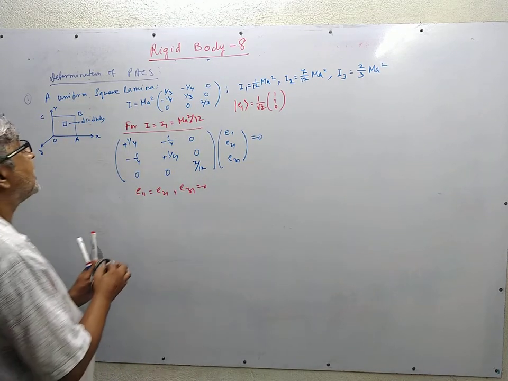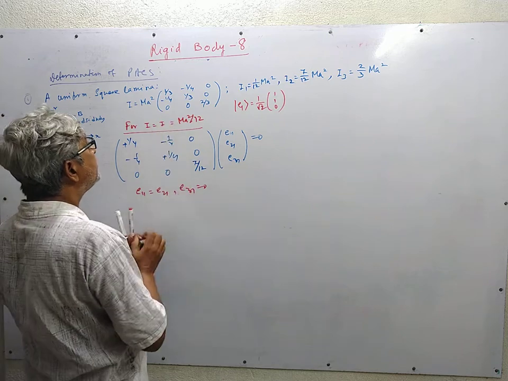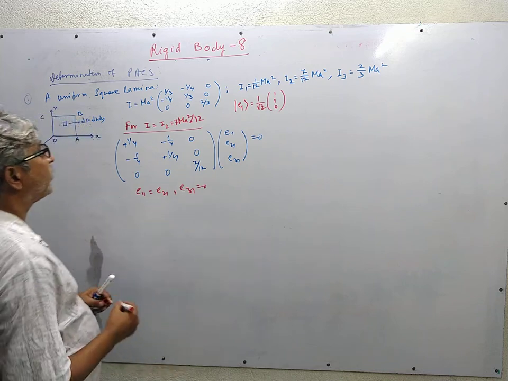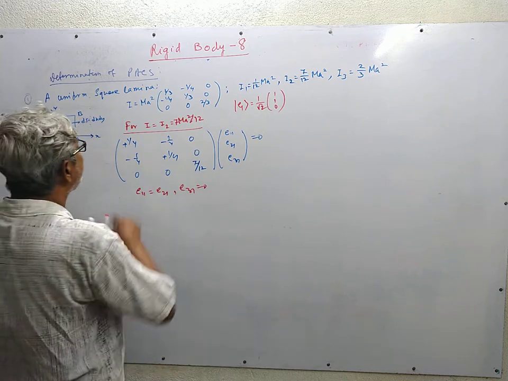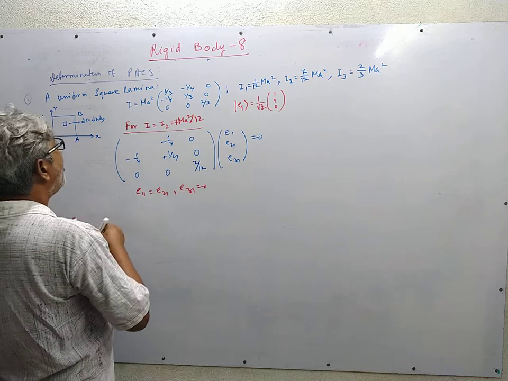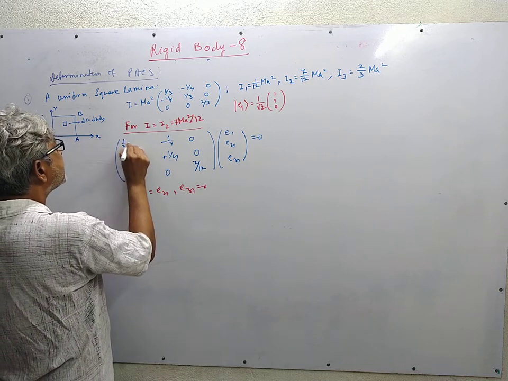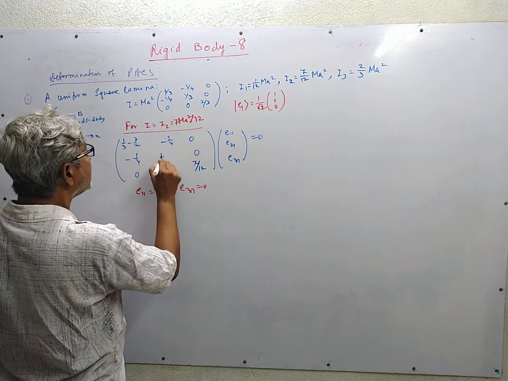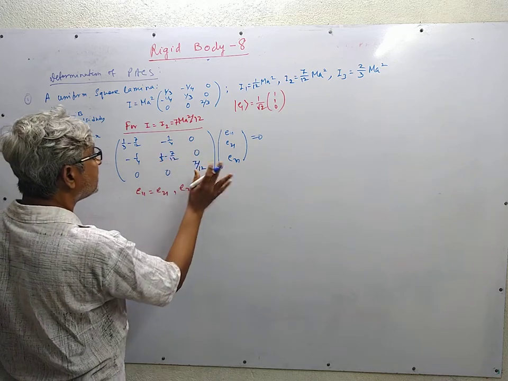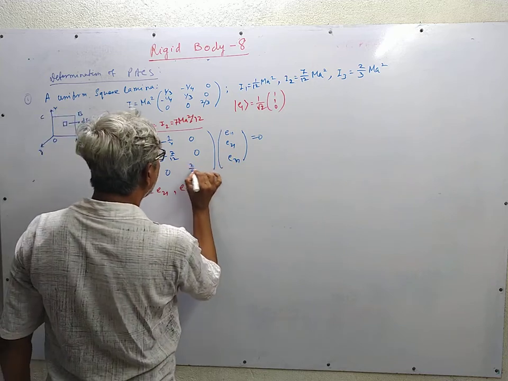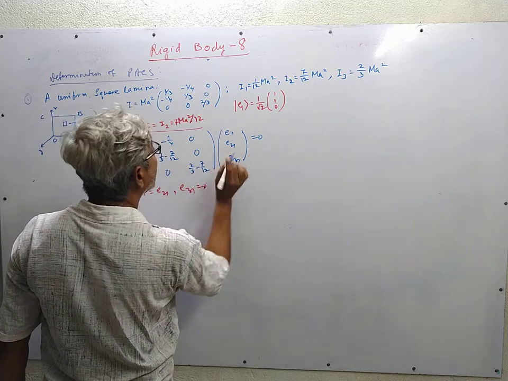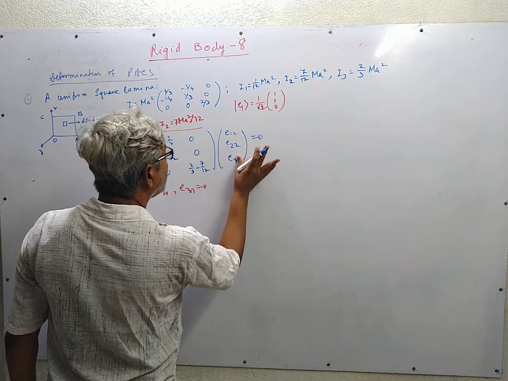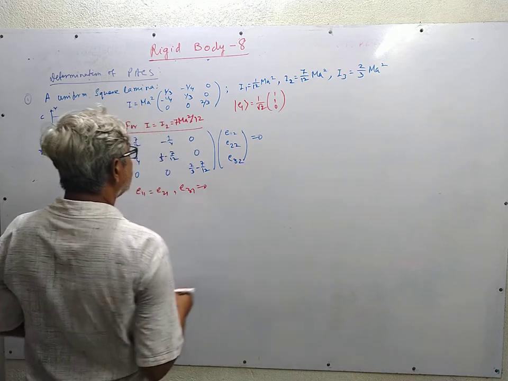Now if we write I is equal to I2, which is 7 m a square by 12, note that this factor was originally 1 upon 3 minus 7 by 12, and this one was 1 by 3 minus 7 by 12, and this was 2 by 3 minus 7 by 12, multiplying E12, E22, E32.